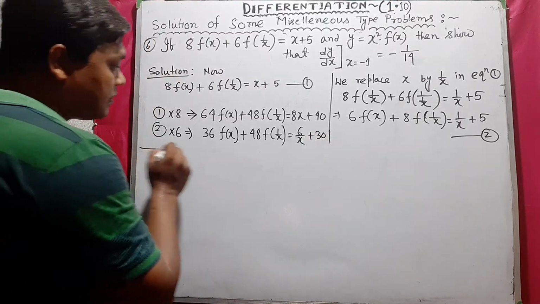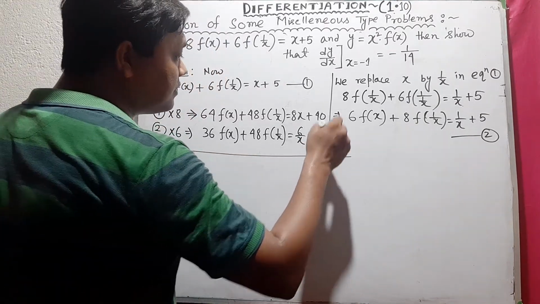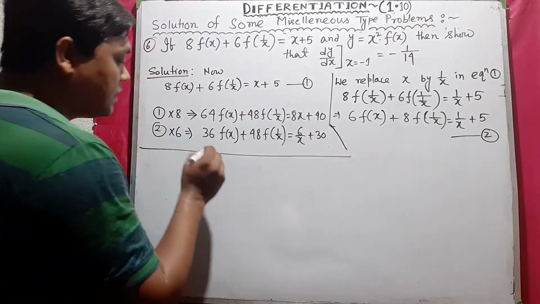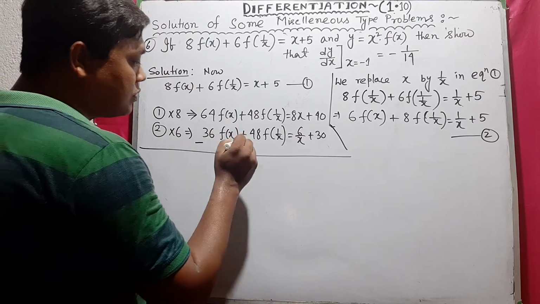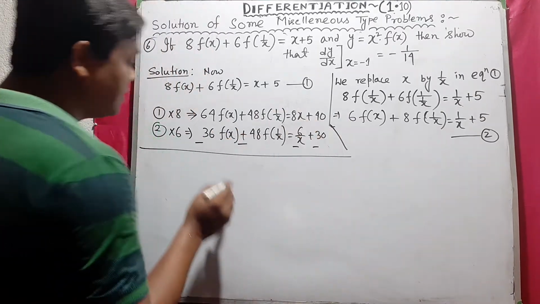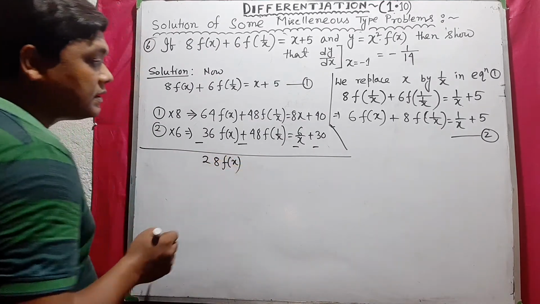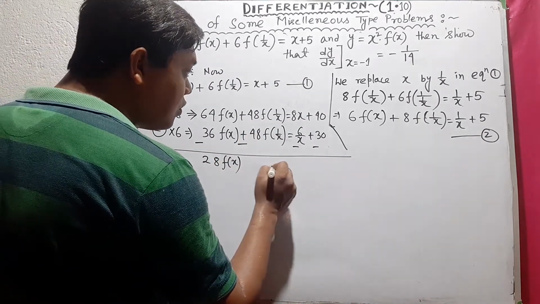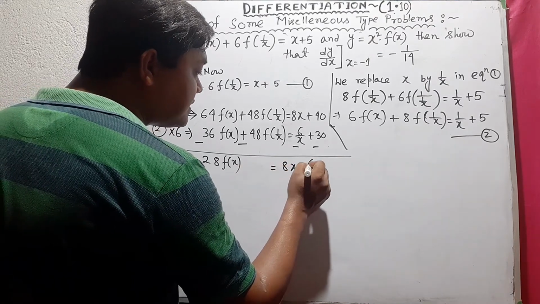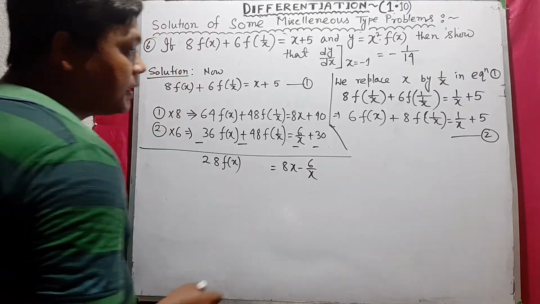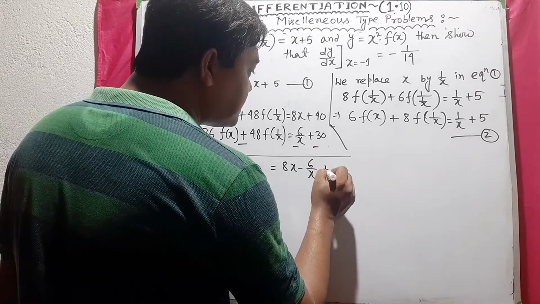Now we subtract. Subtracting, we'll get 28f(x), that is 0, 8x minus 6 by x plus 10.